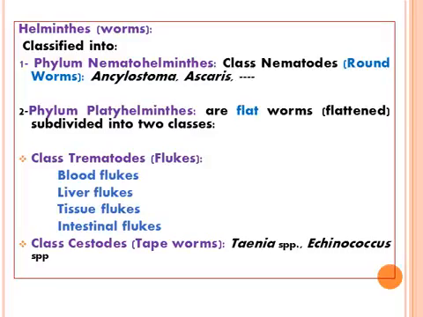Tissue flukes, like Paragonimus westermani, and intestinal flukes, with habitat in the intestine, like Fasciolopsis buski. The second class is the class of cestode or tapeworm. The morphology of the adult is tape in shape, and it includes different species. The adult is found in the intestine, like Taenia saginata and Taenia solium, or the larva is found in the tissue, like Echinococcus granulosus.